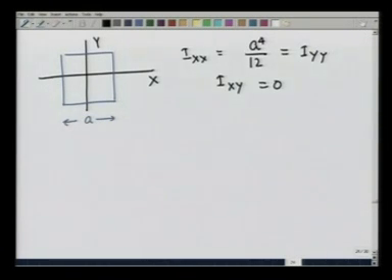The fact that I_xx and I_yy are equal and I_xy is 0 makes these quantities the same, no matter which other frame you look at.